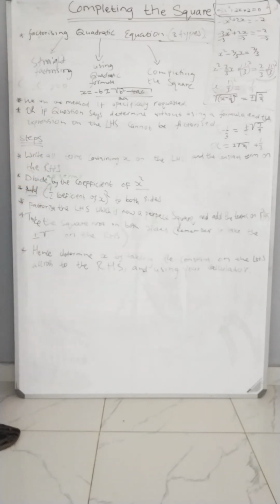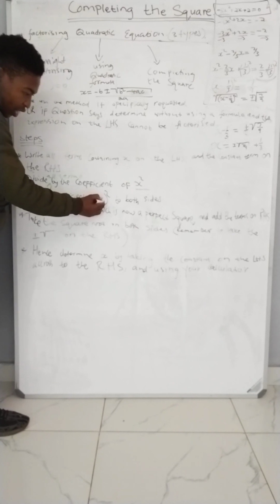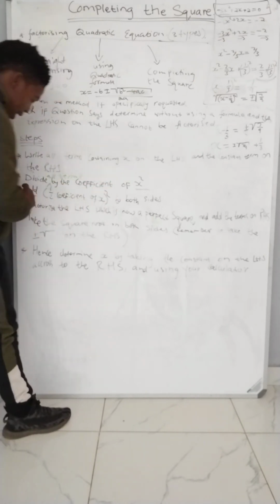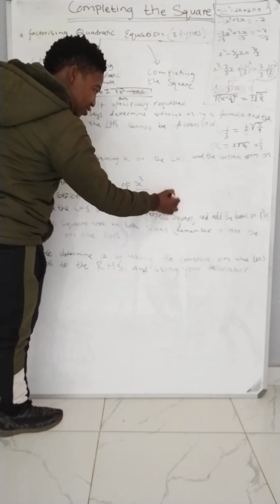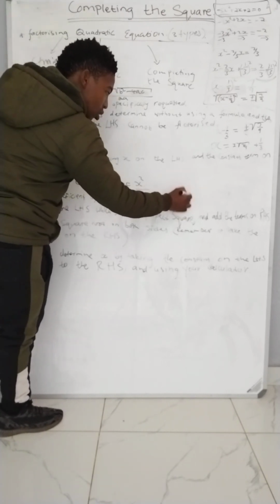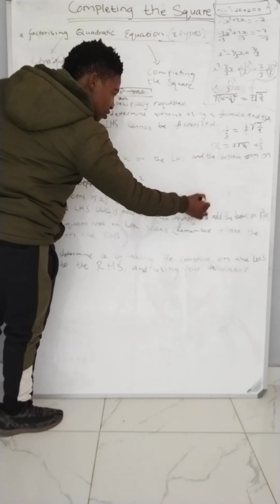What is 4 squared? Yes, so you're going to take half of 8, which is 4, and then you're going to take 4 squared, and then you're going to add it on the left and on the right. So you're going to take half of the coefficient of x, and then you're going to square it, and you add it to both sides, which is the left hand side and the right hand side.